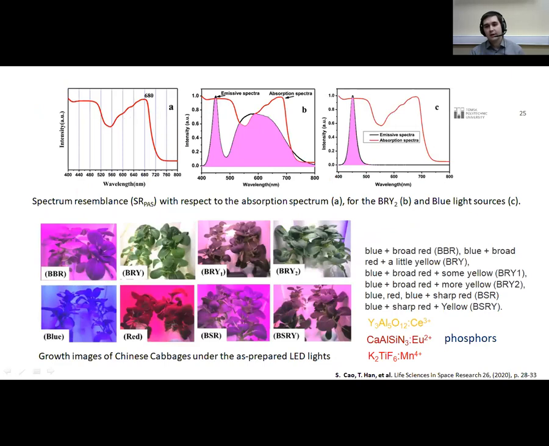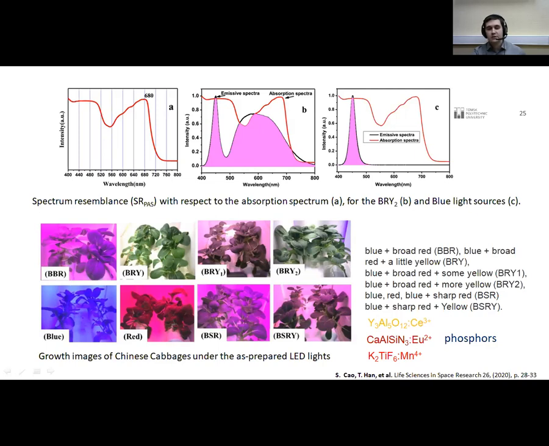So how can we use it and how can we make it? LEDs with various spectra were fabricated by combining a blue chip and different phosphors based on aluminum fluoride and aluminum garnet phosphor doped with cerium 3+ ions.